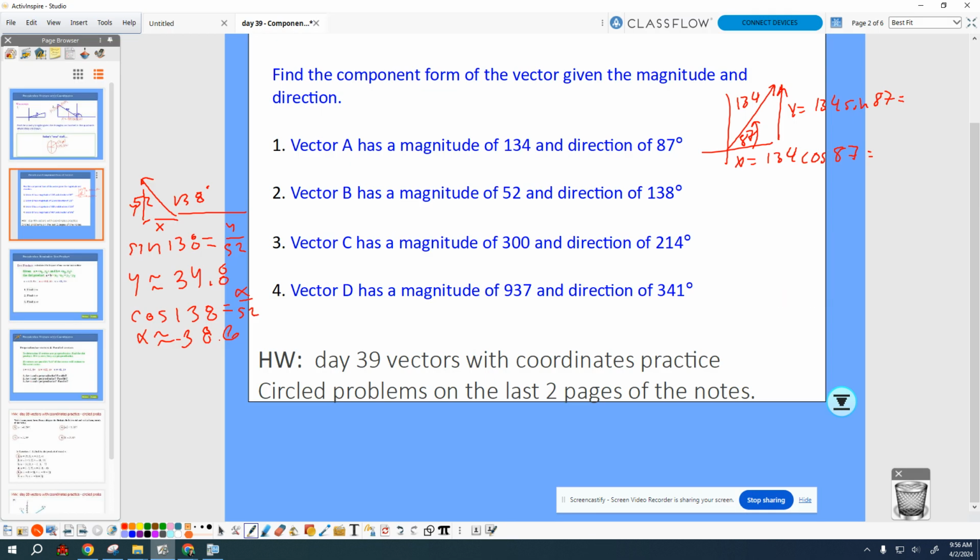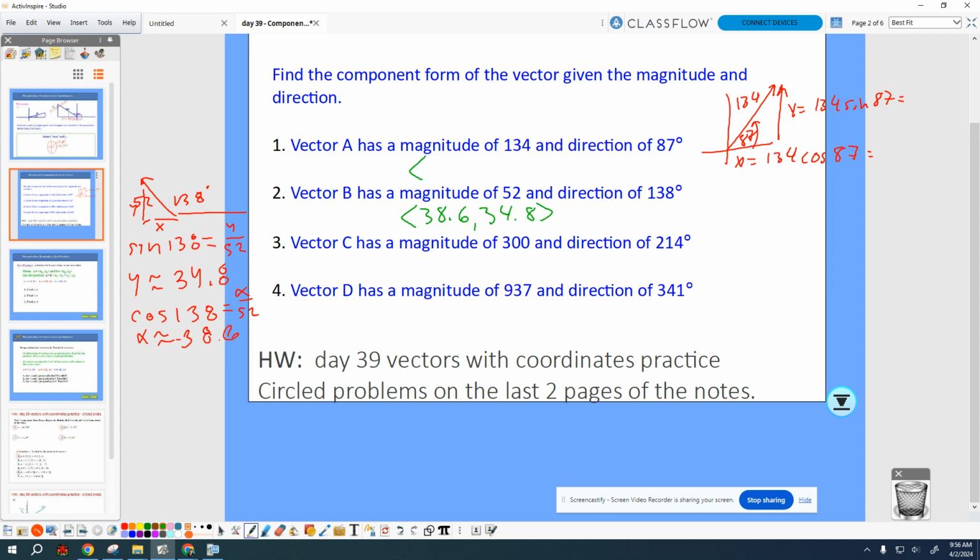Which one? For X or Y? Just Y? Okay. Y, I got 34. So Fernando, for this one, found for Y, I got 34.8. For X, I got 50. I think he's switched it. So I'm mixing.